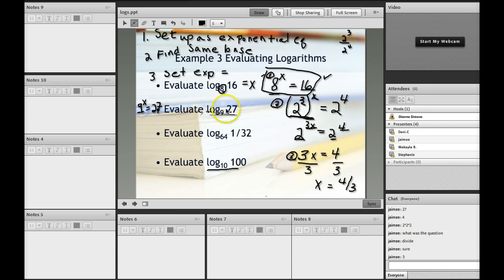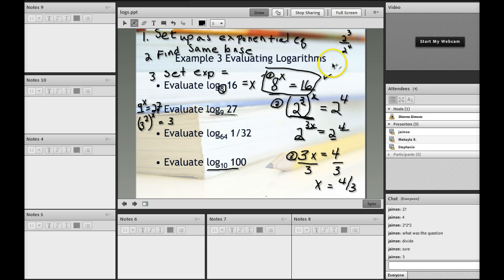And obviously I do. What divides into 9? 3. Does 3 divide into 27? Yes. How many times? 9 times.